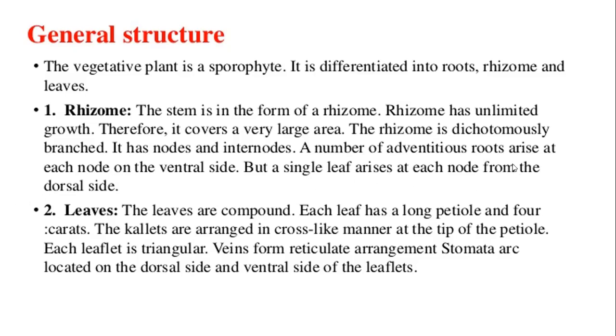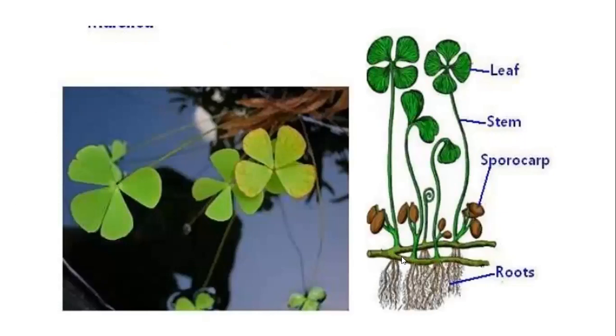At each node, it develops adventitious roots on the ventral side, and on the dorsal side, from each node, it gives rise to a single leaf. You can see here the nodes and internodes. This is the rhizome, which is dichotomously branched. These are the nodes.